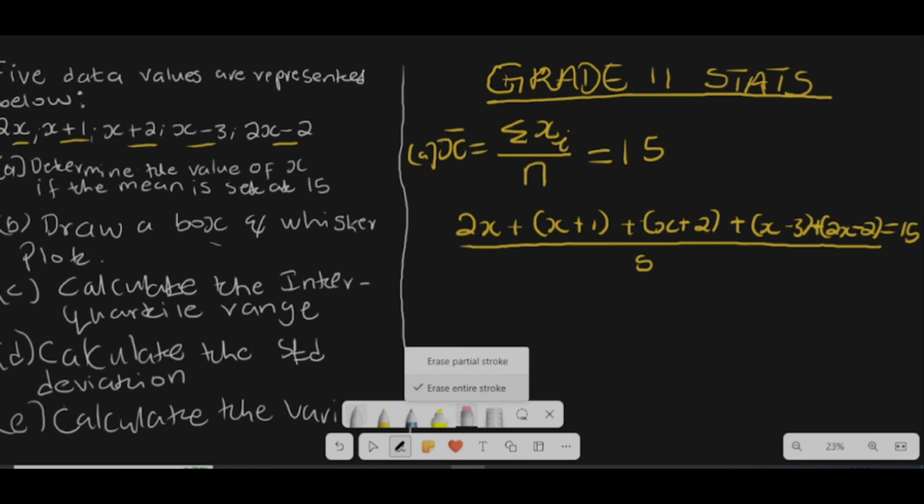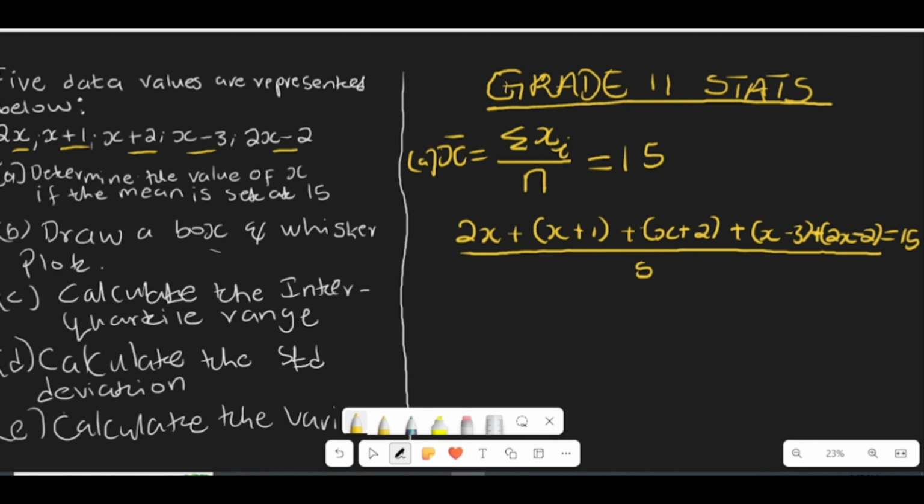We're going to cross multiply, which means you're going to have 2x plus x plus 1 plus x plus 2 plus x minus 3 plus 2x minus 2 is equal to 5 times 15, which will give us 75.